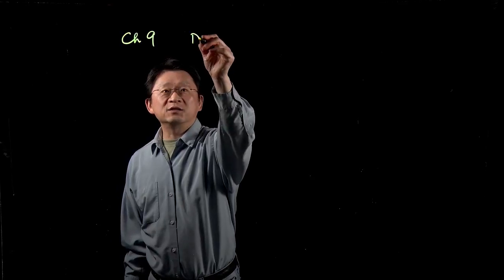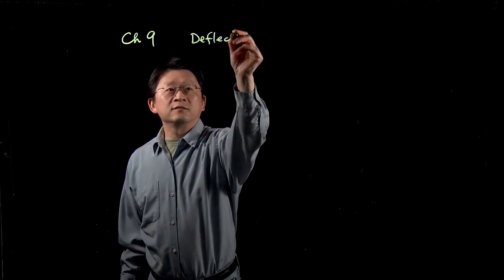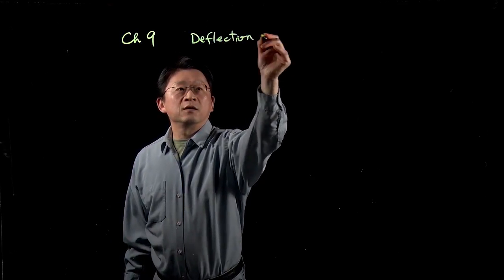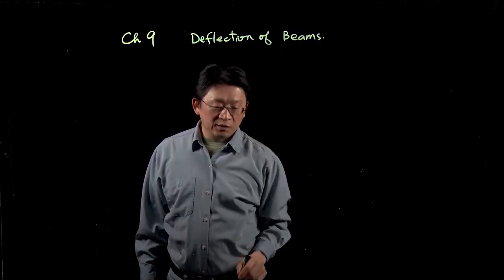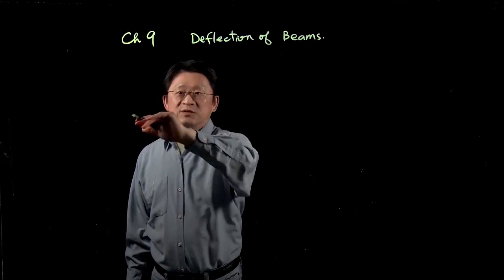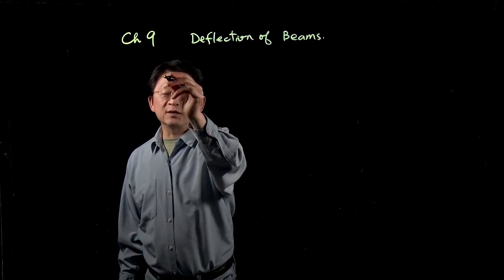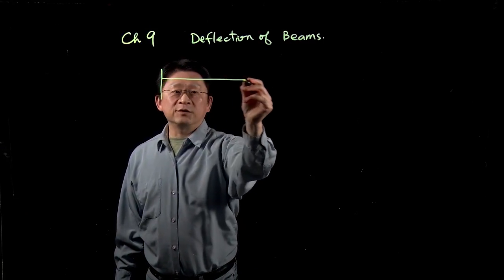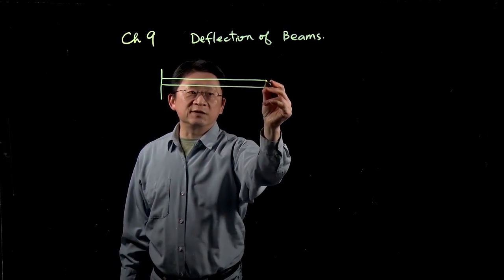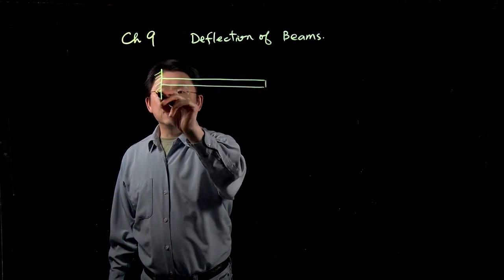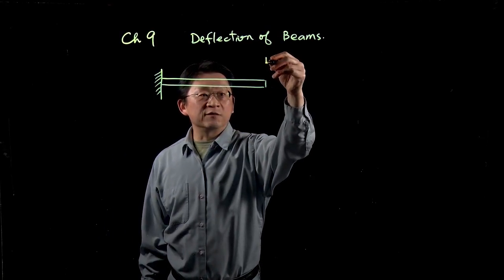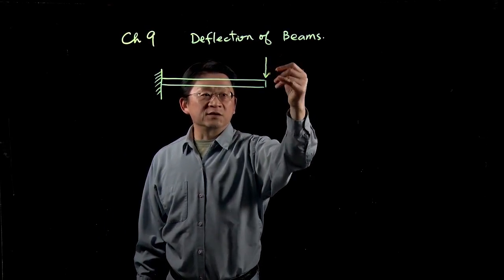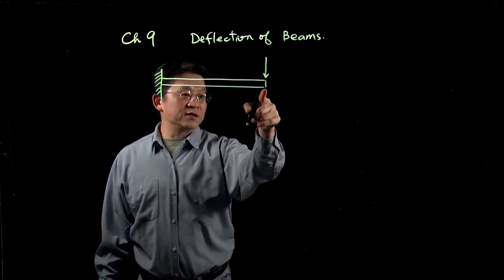This chapter is about diffraction of beams. Diffraction of beams basically studies situations like this. If we consider a beam, for example, a cantilever clamped to the wall, with a very simple loading case, such as a load applied at the free tip.